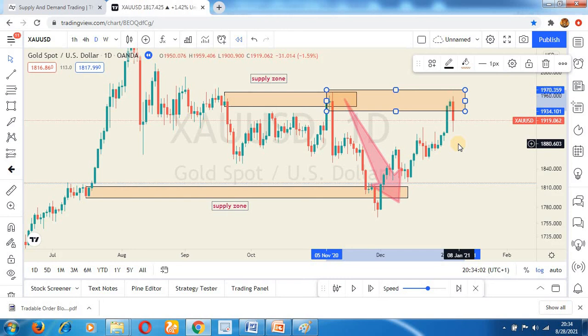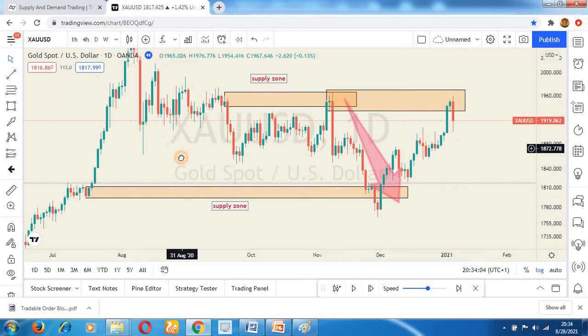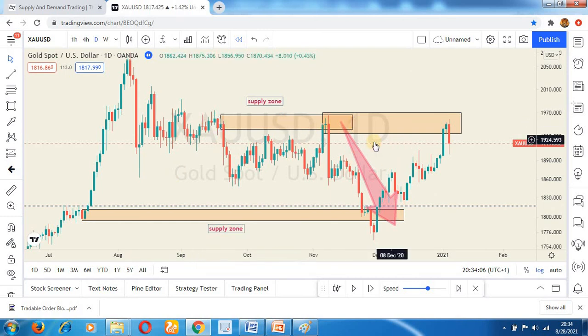So this is to tell you the importance of demand and supply zones on the chart. So I believe this is simple enough. Your job now is to go to the lower time frames, go to the daily, go to the 4 hours to determine these demand and supply zones. Just look at how price reacts on the demand and supply zones.